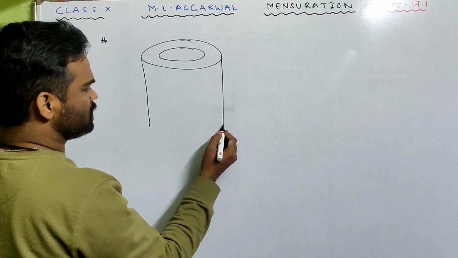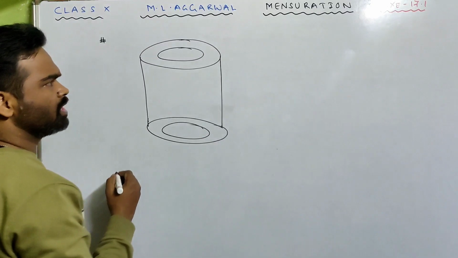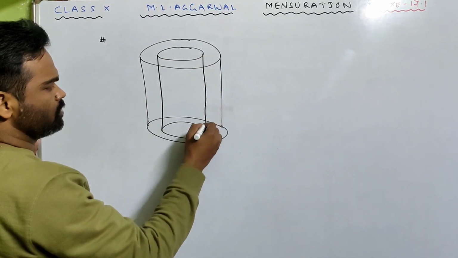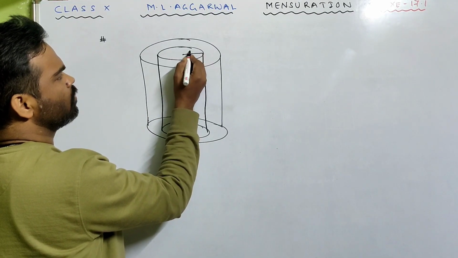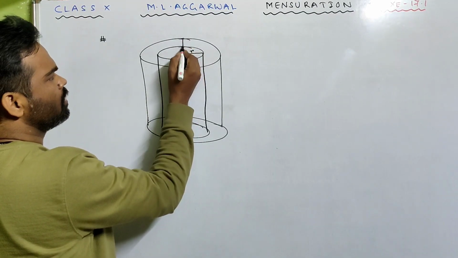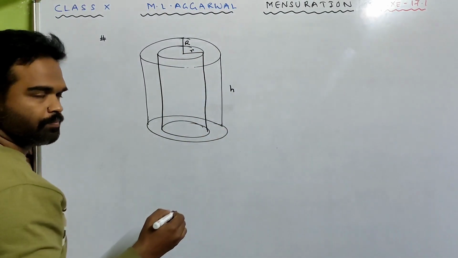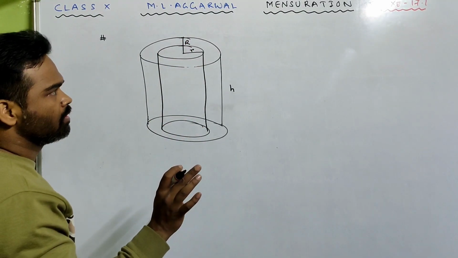You must have seen an iron pipe, looks like this. You have two circular regions. If you look carefully, suppose the radius of the inner one is small r and the outer is capital R, and the height is h. In between it's hollow.